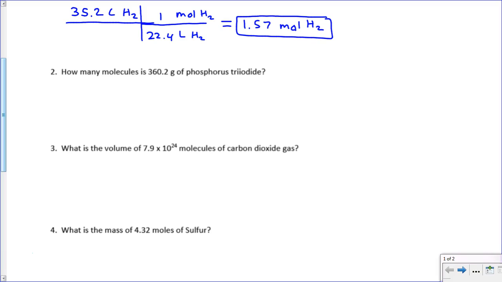One conversion factor that we're going to have to use is the molar mass, going from grams to moles. And so I'm going to go ahead and find that now for PI3. That's phosphorus triiodide. So phosphorus has a mass of 30.97, and there are 3 iodines, and each iodine has a mass of 126.90.